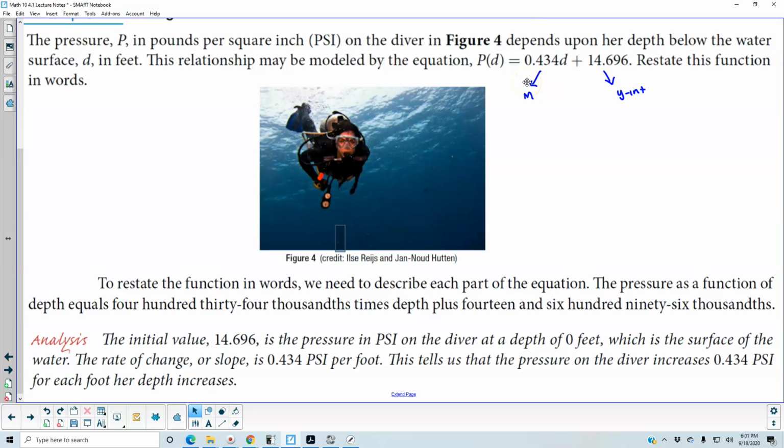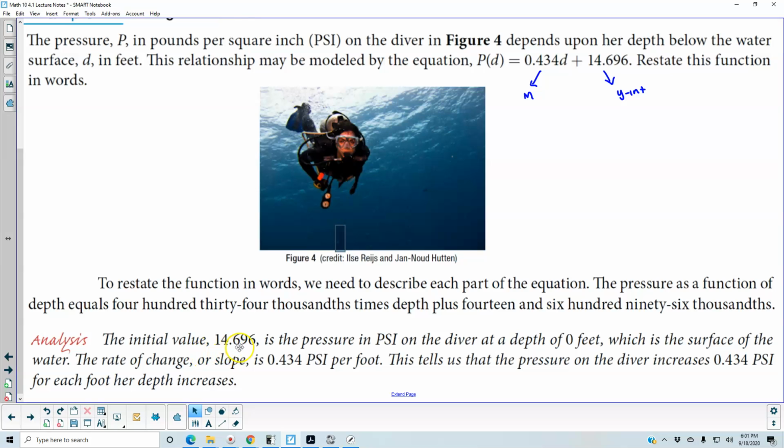We said again that the pressure as a function of depth, what's inside the parentheses, equals 434 thousandths times the depth plus 14 and 696 thousandths.